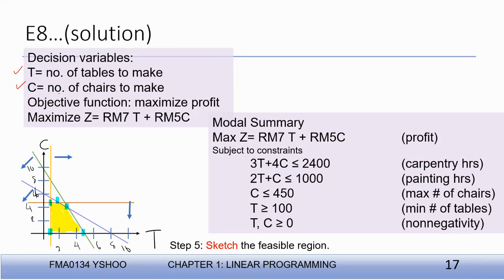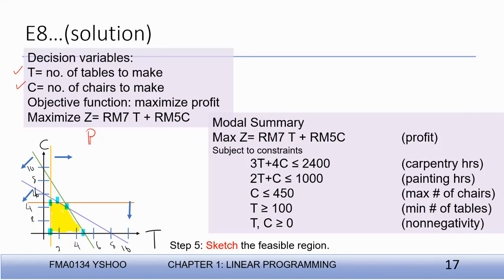Then you have to identify the objective function, which is to maximize the profit. We can write it as maximize Z, or maximize P, where P stands for profit, it doesn't matter. From the previous slide, we know that a table earns RM7 and a chair earns RM5. So this is your objective function.